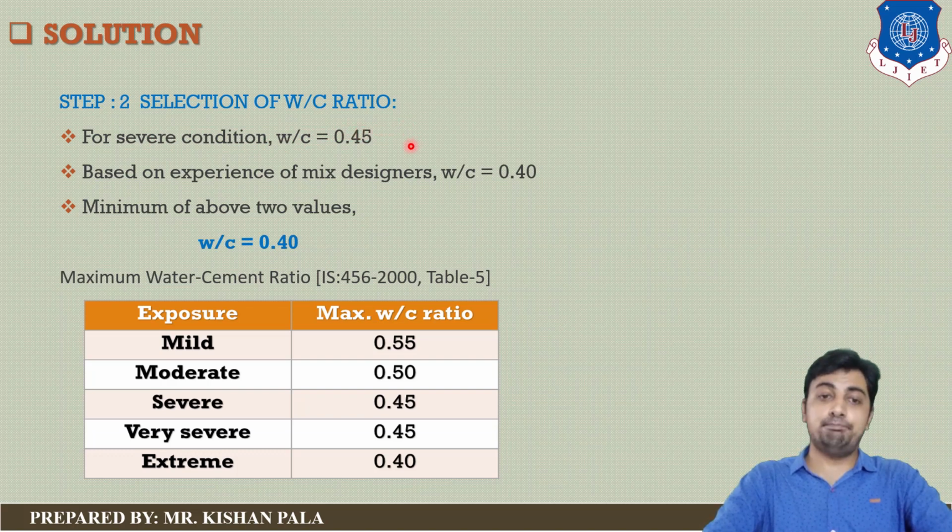But based on experience we are also taking a water cement ratio of 0.40. So we take the lesser of the two values, which is 0.40. This table is given in Indian Standard 456:2000, Table 5.